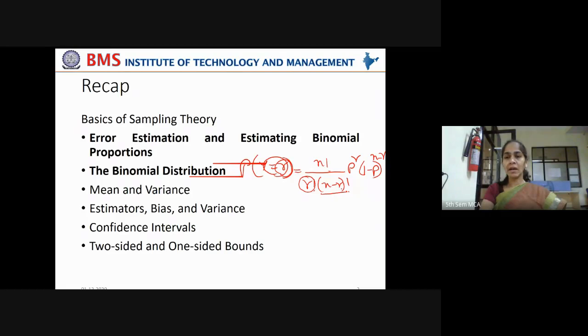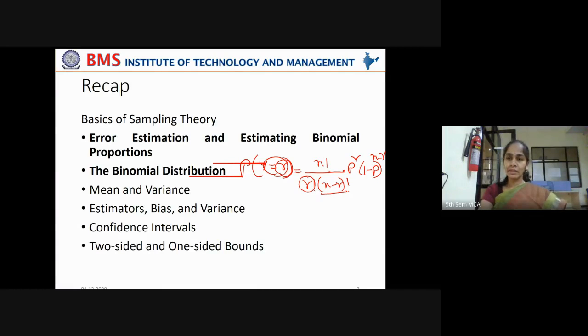That is multiplied by p, the probability of head turning up in a single coin toss, raised to the power of r, the number of times head is observed out of n coin tosses, into 1 minus p, the probability that head didn't occur, meaning tail occurred, raised to the power of n minus r, the number of times tail has been observed.